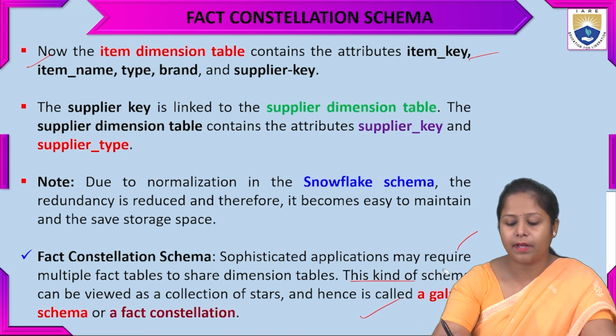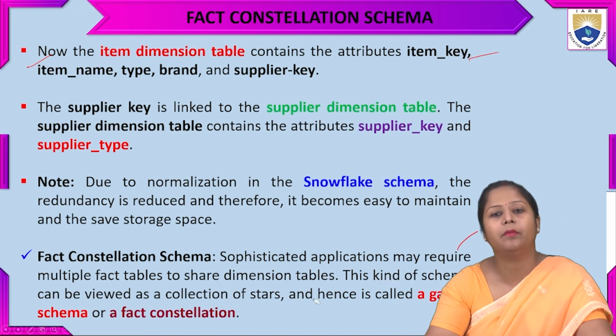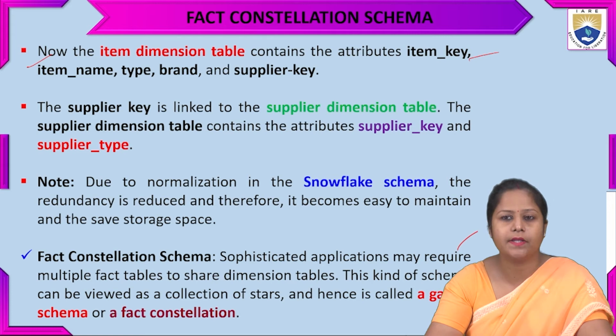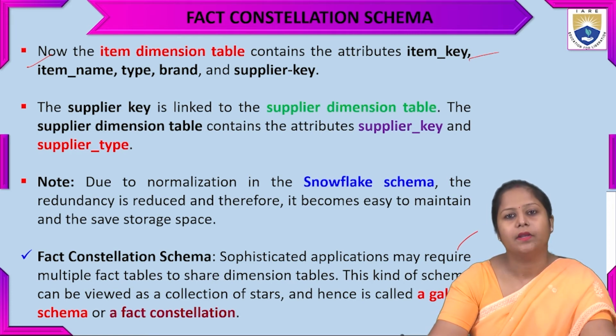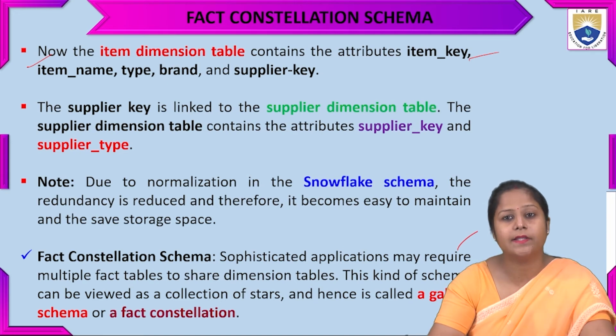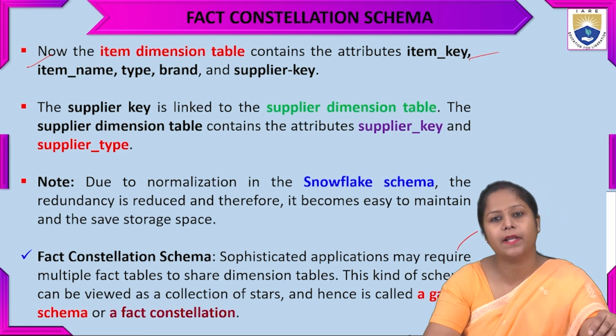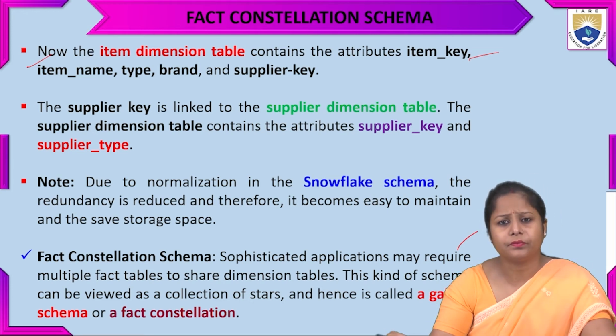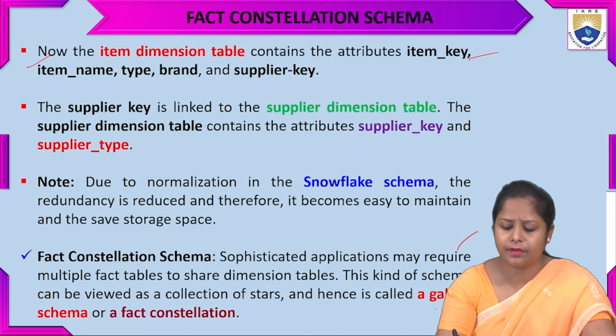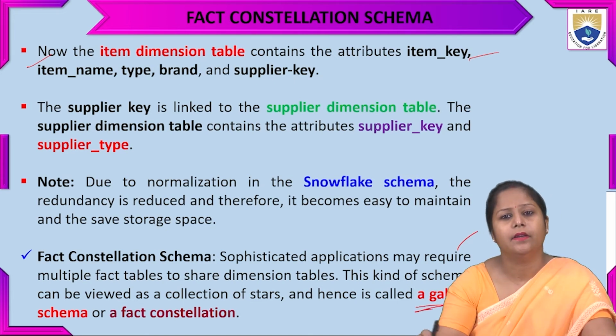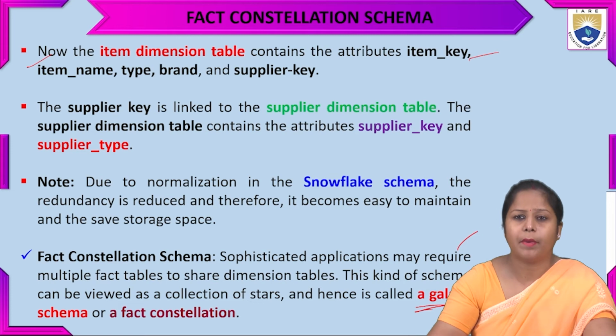This kind of schema can be viewed as a collection of stars, and we can call it a galaxy. So the fact constellation schema is nothing but a group of star schemas, right? That will look like a constellation, so we call it a galaxy or fact constellation schema, right?